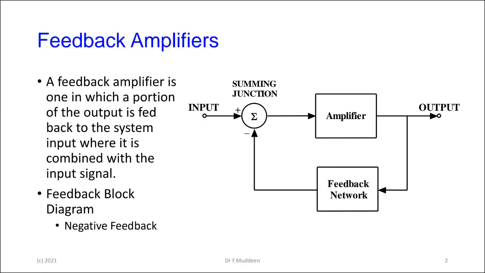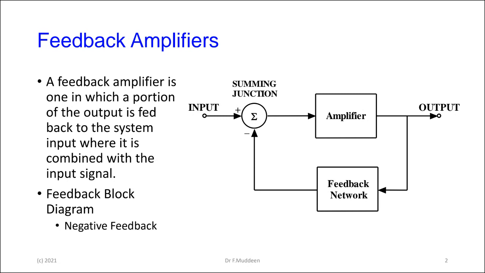We met some of this in various forms already, both here and in the signals and systems class, if you did that with me. We spoke about feedback networks, and a feedback amplifier is one where you take some part of the output and send it back through another little network and combine it with the input.